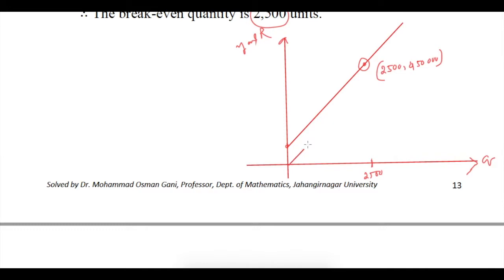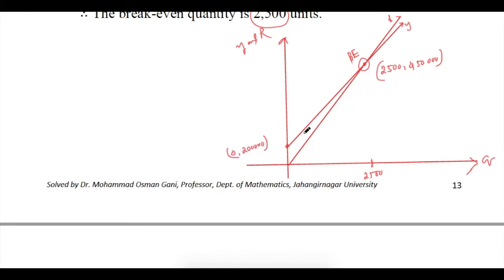So from this place you can draw your revenue function, and that one will pass through the break-even point. So this one is your cost line, and this one is your revenue line, and they will intersect each other at the break-even point. And the coordinate of this point is 0, 200,000.